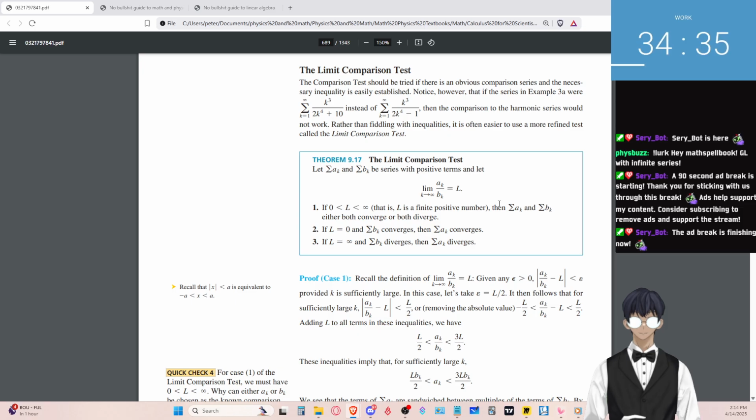Either both converge or both diverge. If L is equal to 0 and B converges, then A converges. If L is equal to infinity and B diverges, then A diverges.